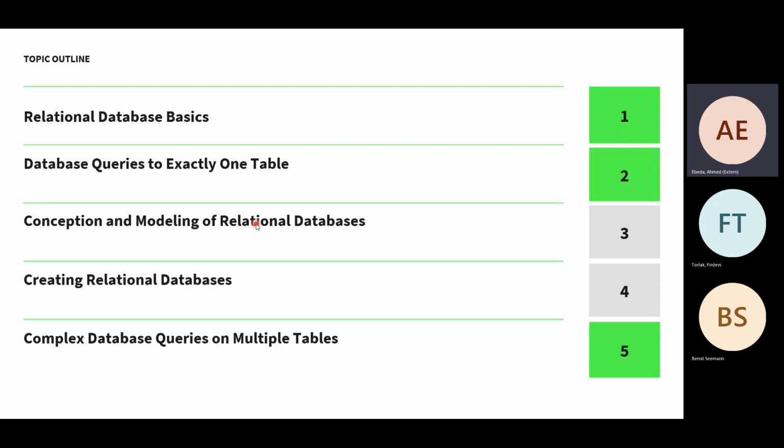We have two very important concepts: the logical design and the physical design. Logical design, unit four. Now we are covering unit three and unit four in the same lecture.